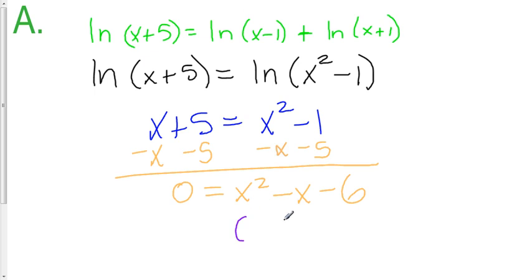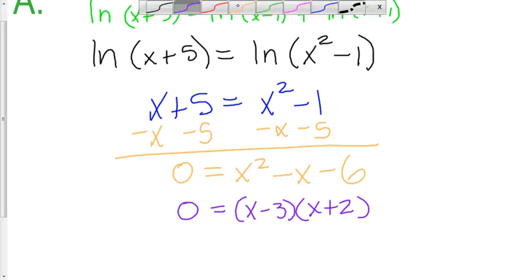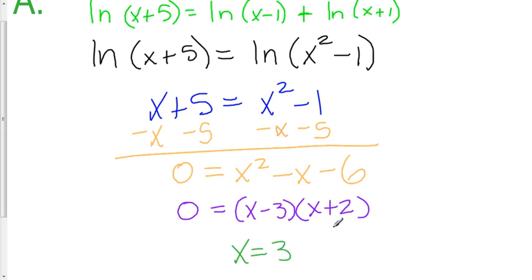This one, however, is factorable. It is x minus 3 and x plus 2 that equal, because multiplied those get you negative 6, and if you add those, they get you negative 1. So then, in this case, x will equal 3, and in this case, x will equal a negative 2.